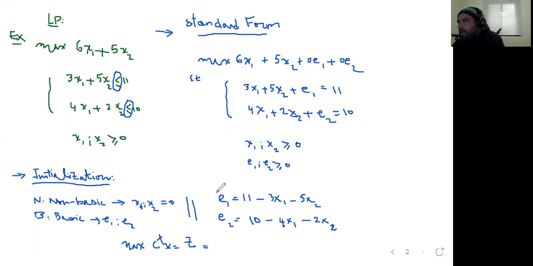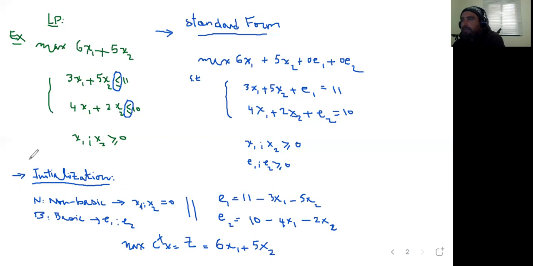How much is that now? If you plug in E1 and E2, of course, you're going to have 6x1 plus 5x2 plus 0 E1 plus 0 E2, which has no importance, so it's still equal to 6x1 plus 5x2. Got it? Okay. So this is an initial solution, and usually this is what we call the dictionary method.